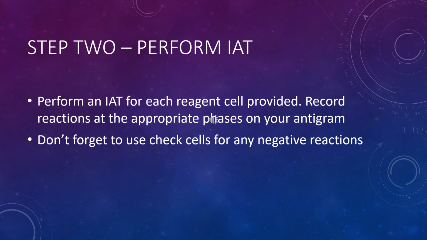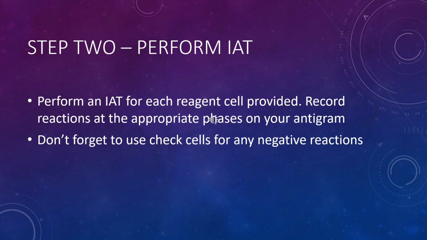The next step is to perform an indirect antiglobulin test on all of your panel cells using patient plasma. We should include all phases of reactivity during which we saw reactivity in our antibody screen. So if we had immediate spin reactions, we would want to include immediate spin in our panel workup.